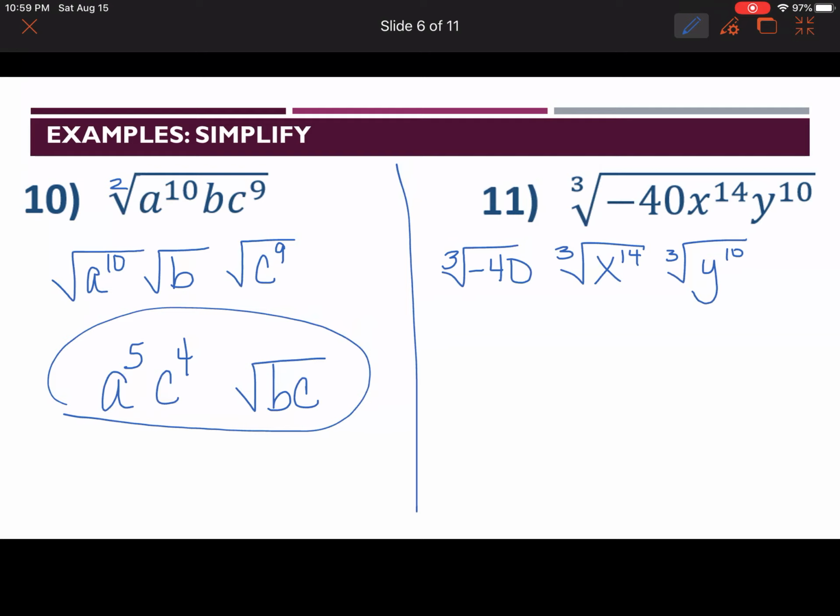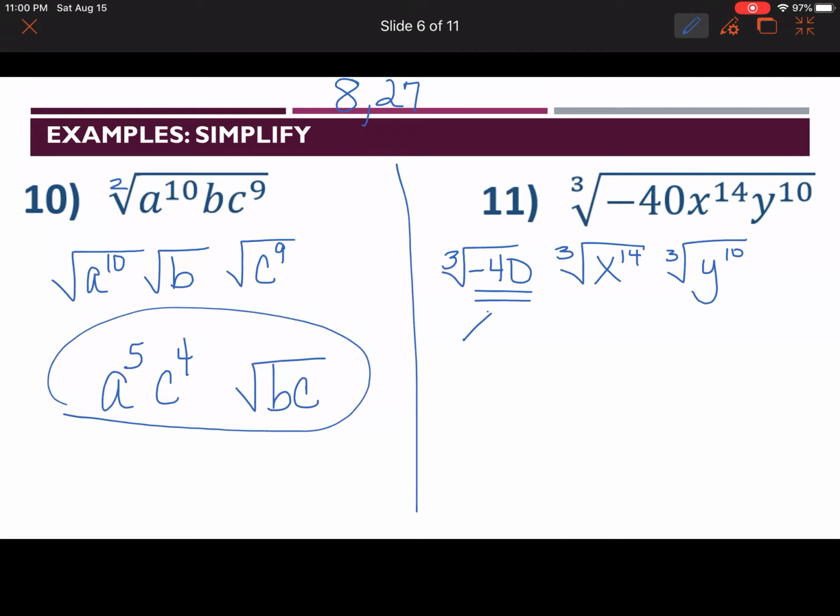So the first thing we need to do is figure out, well, what is the largest perfect cube that goes into 40? And when we think about perfect cubes, the smallest perfect cube would be 8, because 2 times 2 times 2 is 8. 3 times 3 times 3 is 27. But I know that it's an 8 that's in here because 8 goes into negative 40.